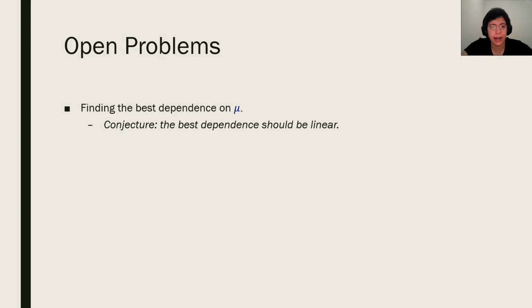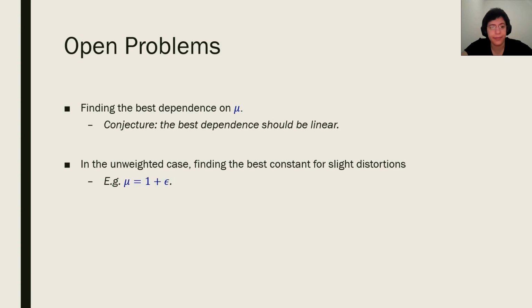Another problem that is interesting is finding the best dependence on mu. And we conjecture that the best dependence should be linear. And the third problem is that in the unweighted case, finding the best constant for slight distortions is itself interesting. So if we consider a distortion that's 1 plus epsilon for the unweighted case, then one might think that you can approach something like SRPT, because SRPT is optimal for no distortion.